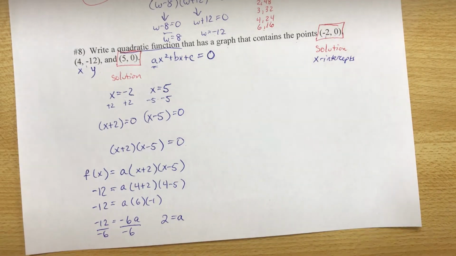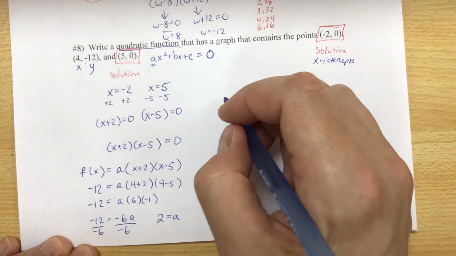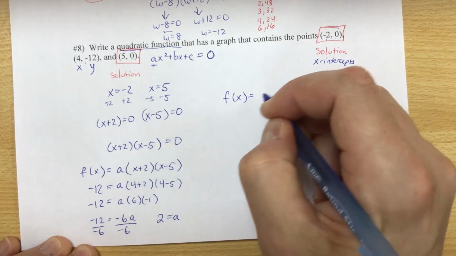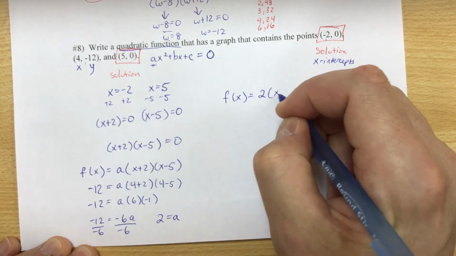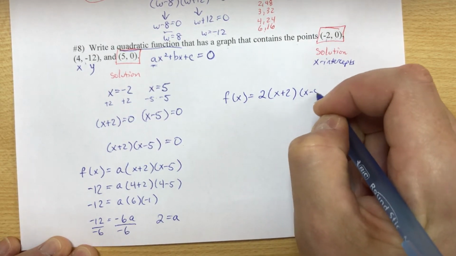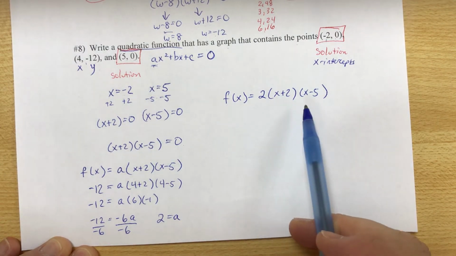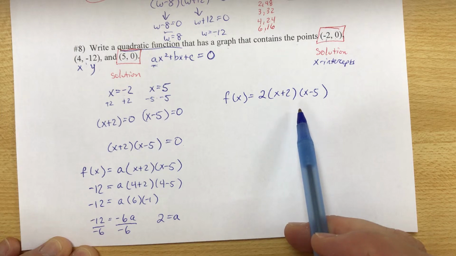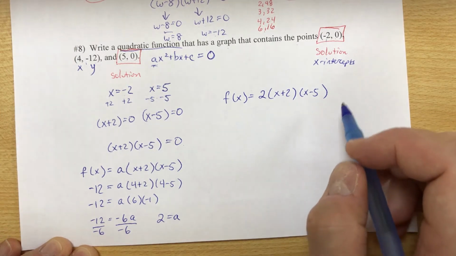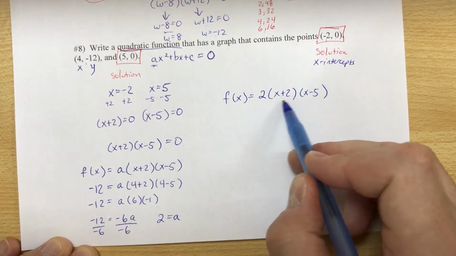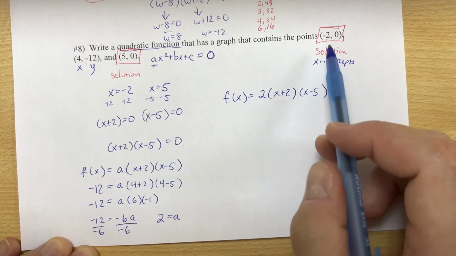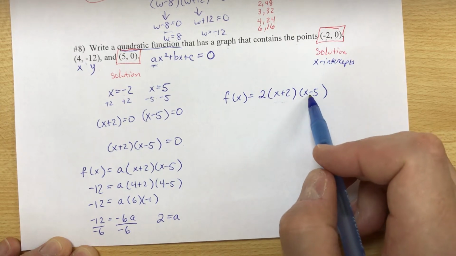So the function, I'm going to write it one more time, f of x equals 2 times x plus 2 times x minus 5. That's the function in factored form. If I set it equal to 0, if I wanted to solve it, this factor would give me -2. This factor would give me +5.